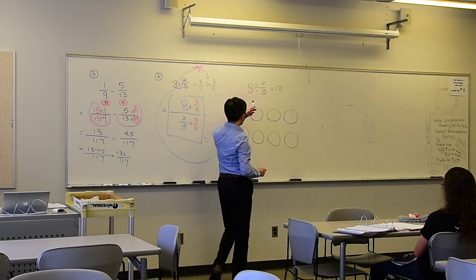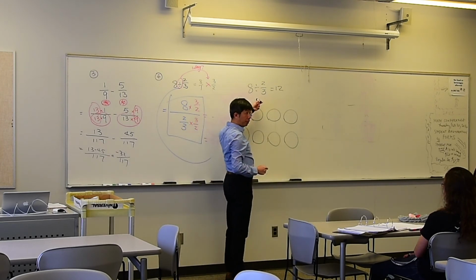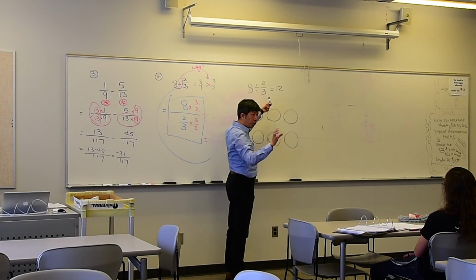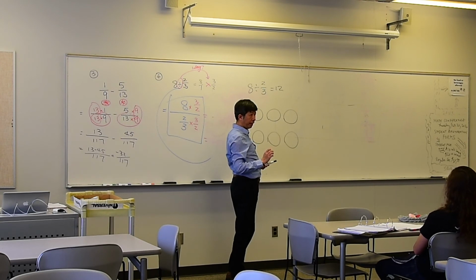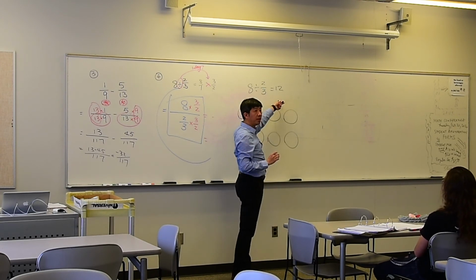Then divide. And I want to say share. Give it a meaning. Divide, that means share. 2/3, right? 2/3, that means what? Everyone shares 2/3, right? Then 12, that means how many people we can get, right?